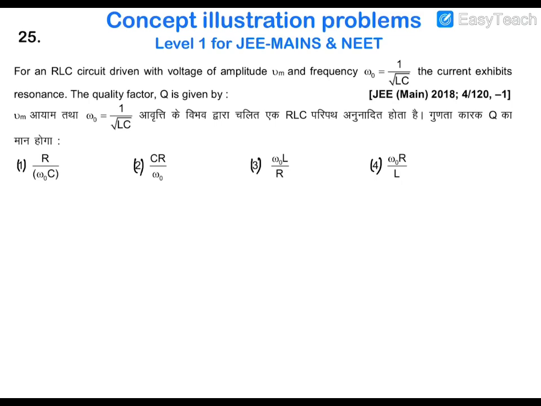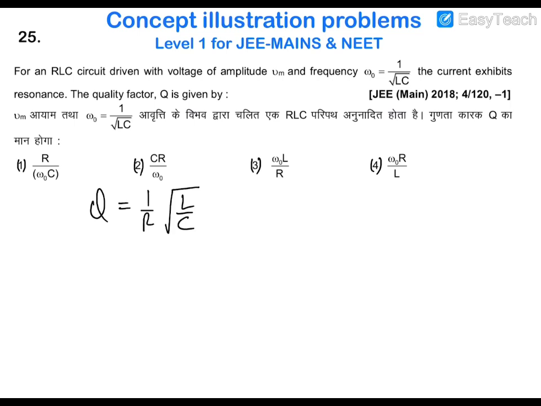In this question, you can see that there is a series LCR circuit which is in resonance condition where omega naught is 1 upon root LC. We have to find out the quality factor of the circuit. So we have already derived the quality factor, and it was 1 upon R under root L by C. This was the quality factor.